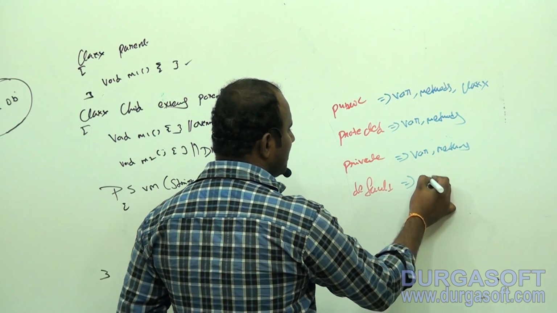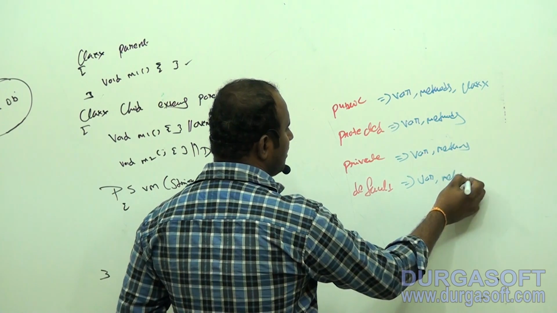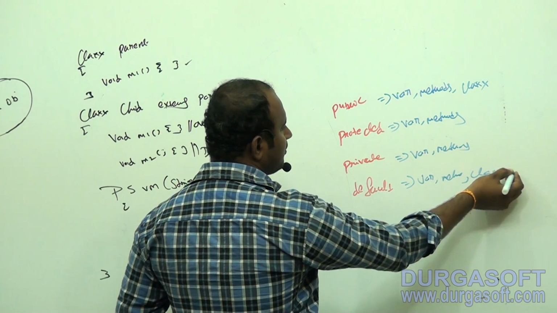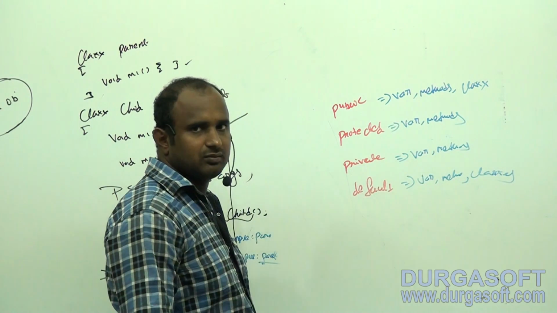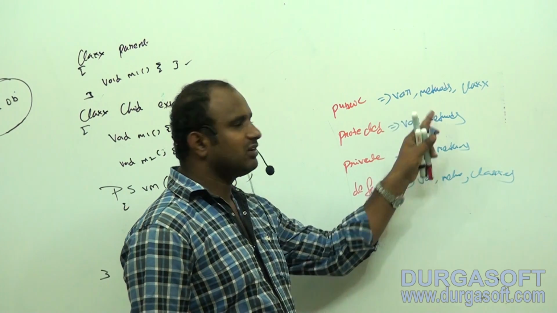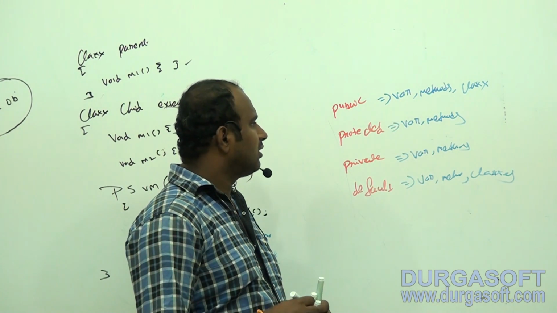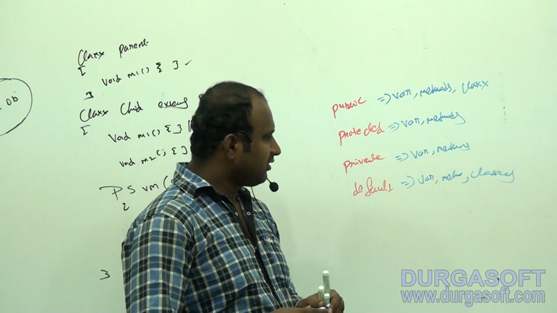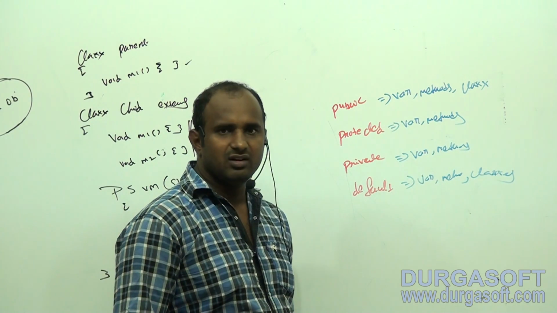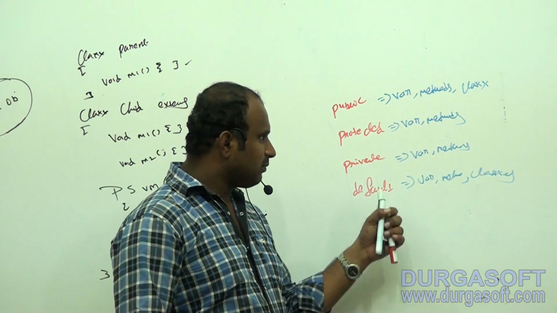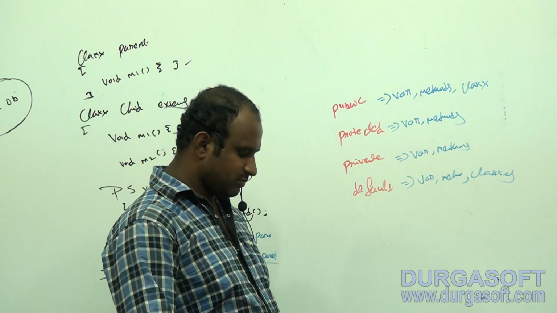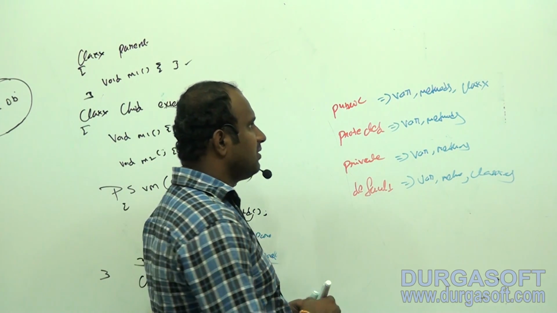Default, it is for variables, methods and classes also. These are the permissions, these modifiers are applicable for variables, methods, classes. Protected and private: variables and methods; default: variables, methods and classes. Now can you please tell me the permission of these methods, Ratan? Permission is important. Check the permission.